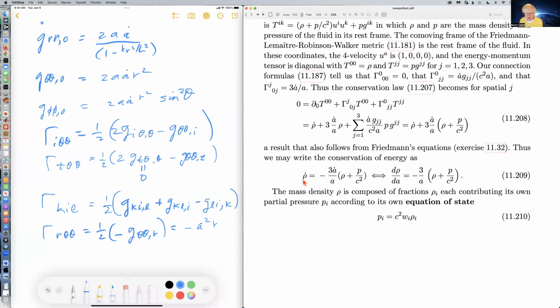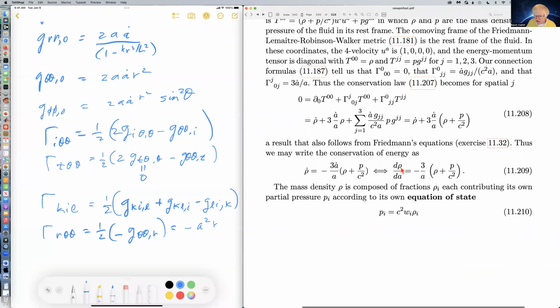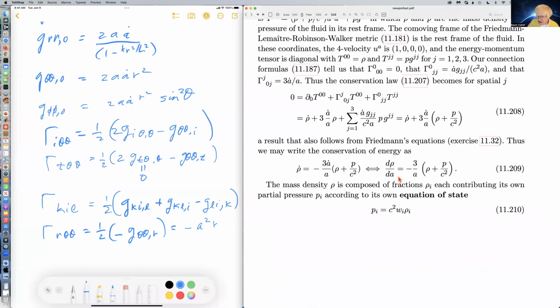This is effectively conservation of energy. It also follows from Friedmann's equations. So what you get is that rho dot is given by this, and that's the same thing as saying that d rho dA is minus 3 over a times rho plus p over c squared. Now, this mass density is composed of fractions, each contributing its own partial pressure.